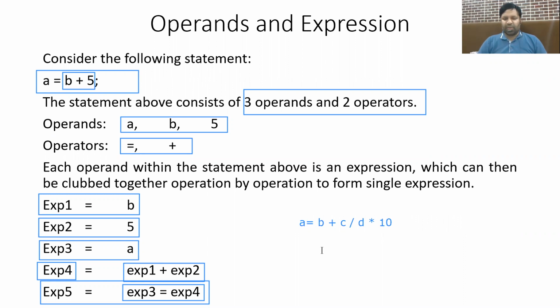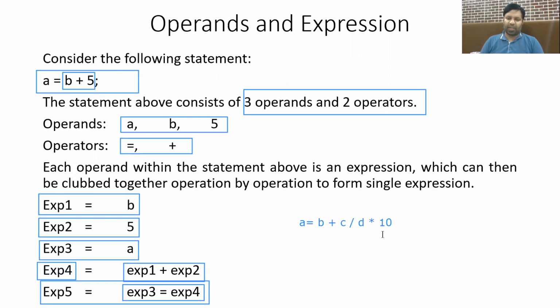Now this expression, or the statement, contains 1, 2, 3, 4 and 5 operands and a total of 4 operators. We cannot solve this whole statement or whole expression in a single go. We have to divide this into single expressions consisting of single operands, and then one by one the operations are applied.